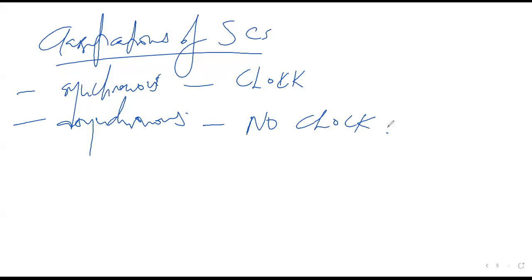That's the difference. Definition. What is the difference between synchronous and asynchronous sequential circuits? Synchronous sequential circuits change their states and output values at discrete instances of time.